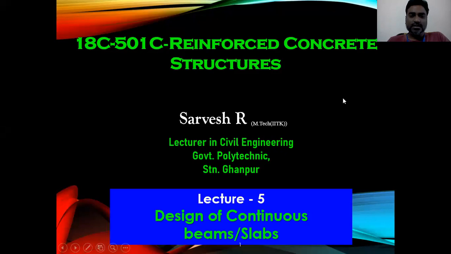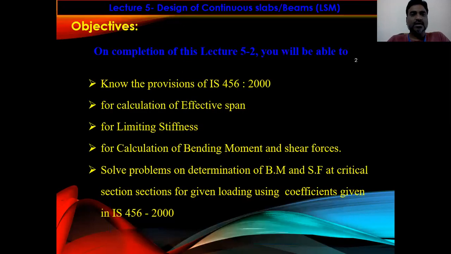Today, this is a continuation of the previous lecture, that is the design of continuous beams and slabs by limit state method as per IS 456-2000. After completion of this lecture, you will be able to know the different codal provisions to be followed using IS 456-2000 for calculation of effective span and limiting stiffness.